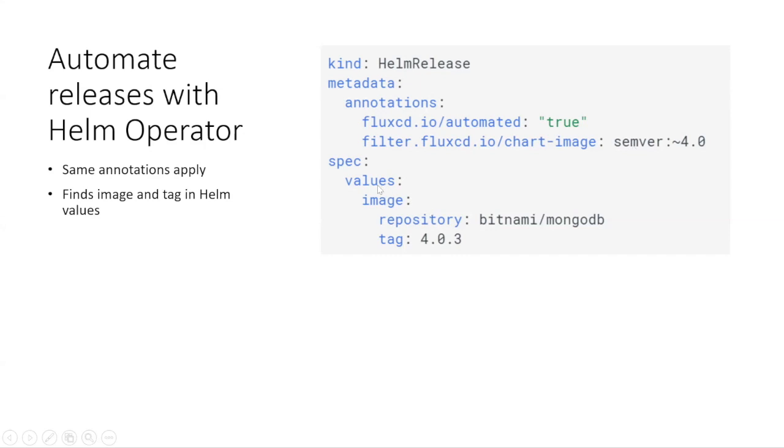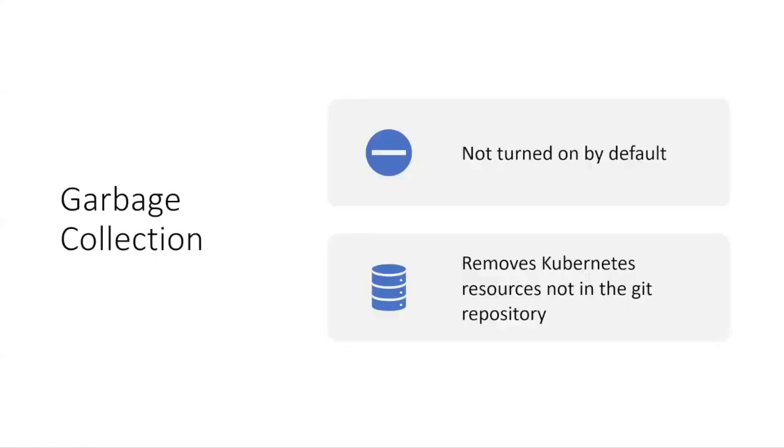And when you use this in your values, it can recognize when there's a new version, for example, in this case, version 4.0.1 is out, and it will modify the tag in the Helm release YAML, what you see here, to that new version. So automating a release with the Helm operator is possible, but that's of course only possible if you use the Helm operator created by the people who created Flux, right? Those two work together to have automated releases with the Helm operator.